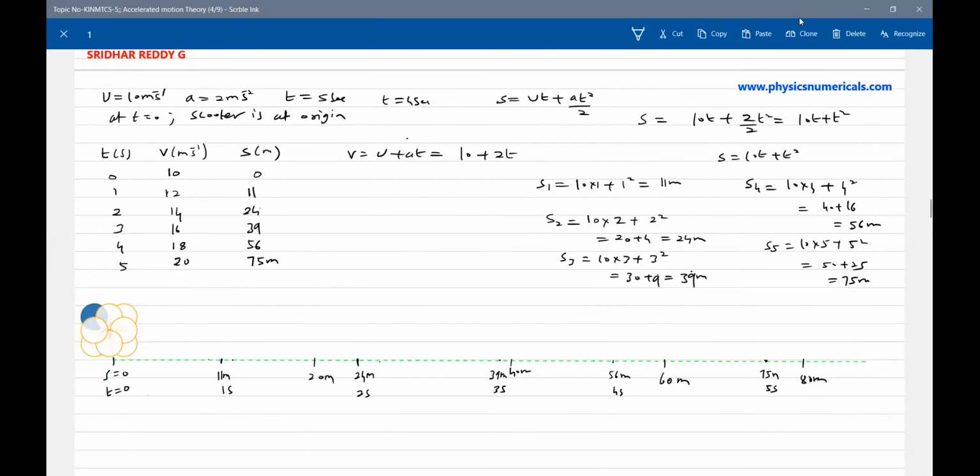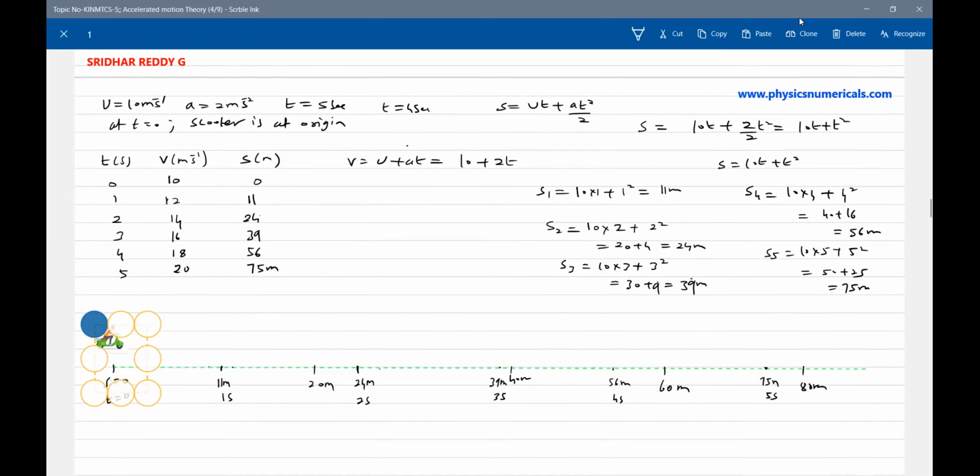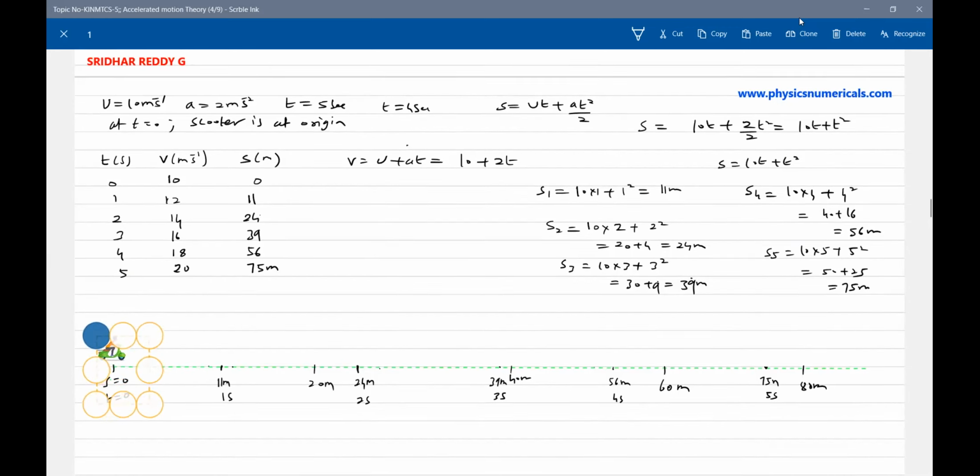Okay, the scooter is here. Then he will be here.